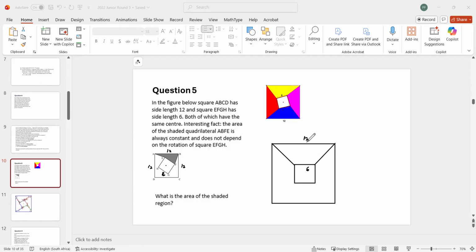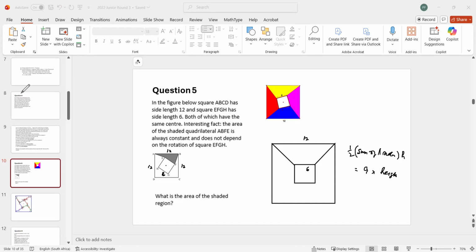We know that it's 12. The area of a trapezium is half the sum of the parallel sides times the height. The parallel sides are 6 and 12, so it's half of 18. It's 9 times the height. Now, what is the height of this trapezium?